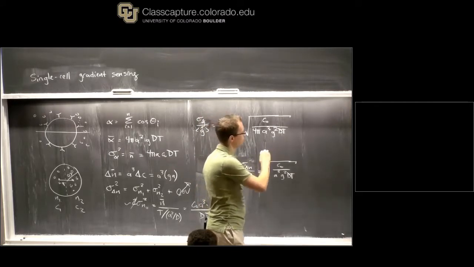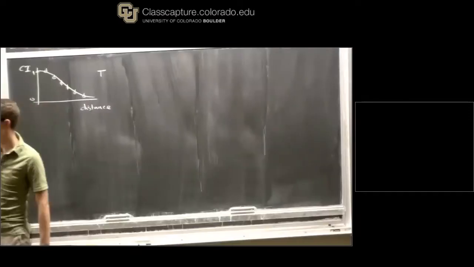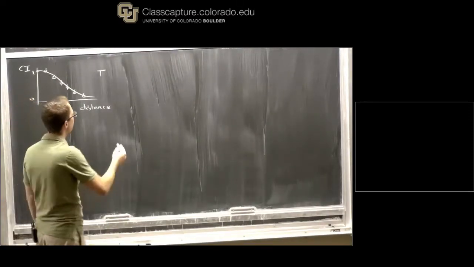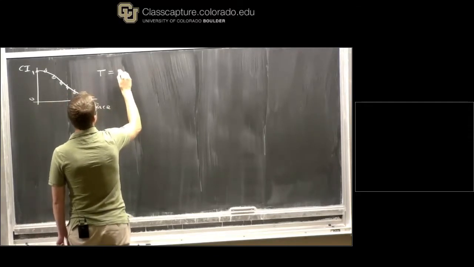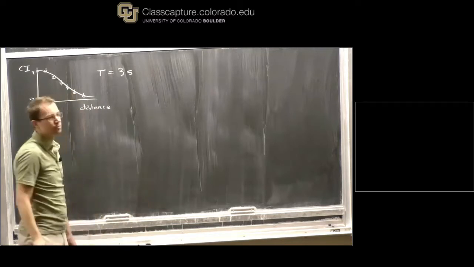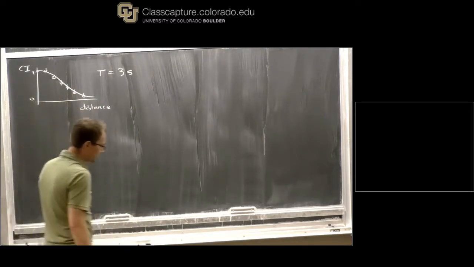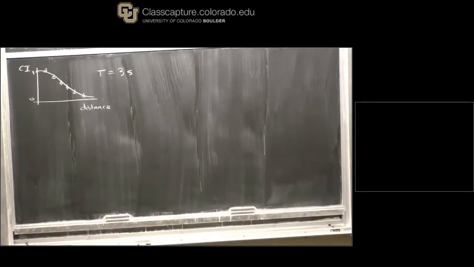So this fit parameter implies the only directly unknown thing, which is the integration time of the cell. The fit parameter gave that the cell should be integrating for about 3 seconds. And the point I want to make here is that that's reasonable. That's not orders of magnitude off.